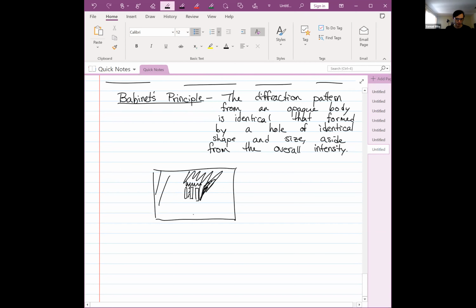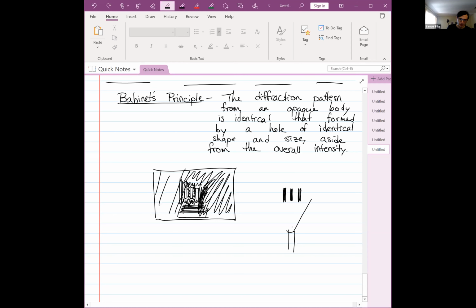Well, that would form an identical pattern as if you shined a light at just 3 solid things of the same size and shape. If you shined a laser at this setup and at that setup, you'd get the same type of interference pattern. It's just that one might be brighter than the other. This one will be brighter because it lets more light through, but the pattern will be the same. You'll have dark spots at the same place and bright spots at the same place.